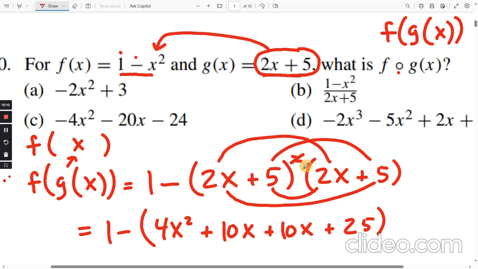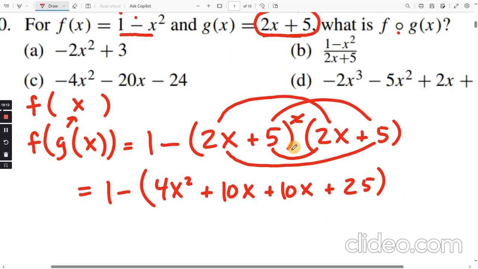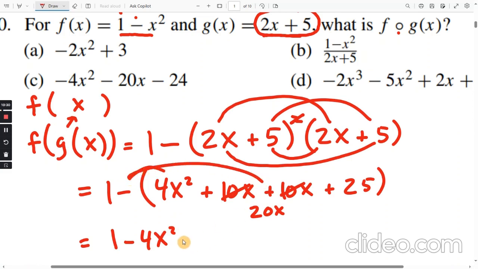You don't have to use FOIL. You can just distribute it. It doesn't matter. And we have 1 minus, distributing the negative sign. That's going to be negative 4x squared. 10x plus 10x is 20x. And if we distribute the negative sign to the 20x, that's going to be negative 20x.